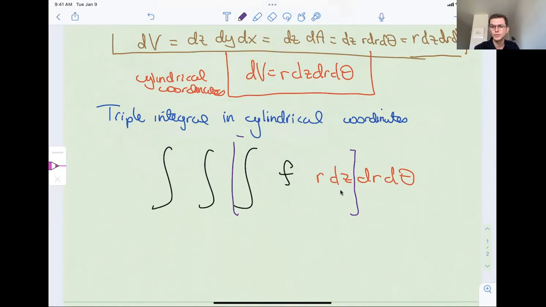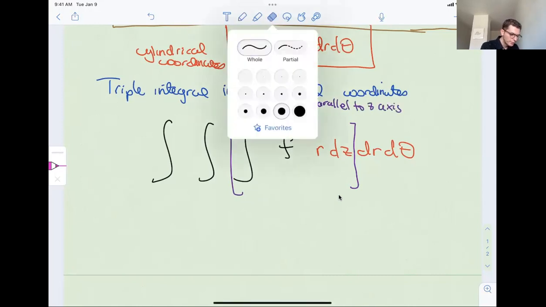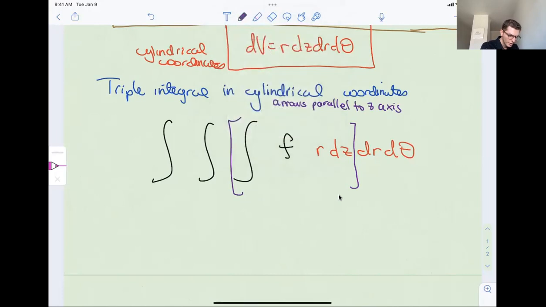We're still going to draw arrows which are parallel to the z-axis. And what you have to put here is the equation where the arrows enter, right?